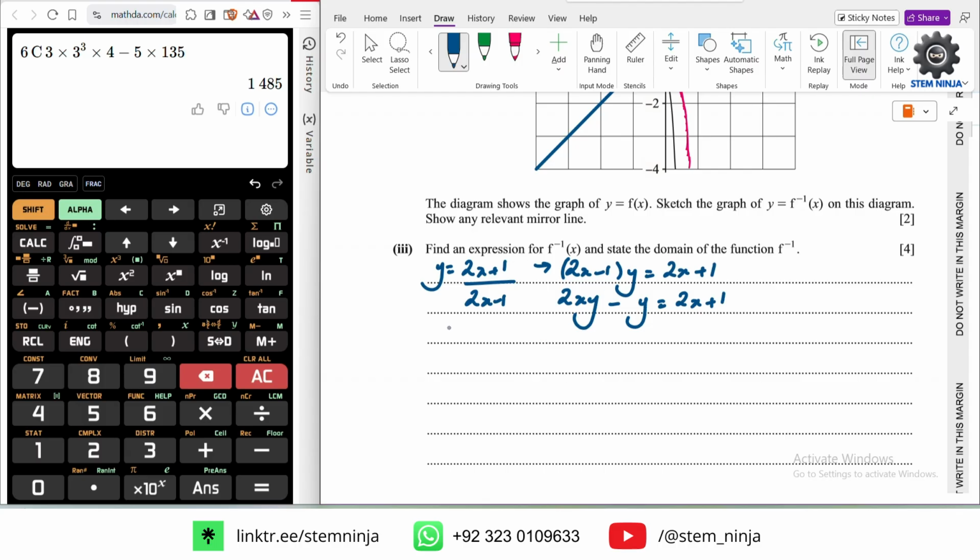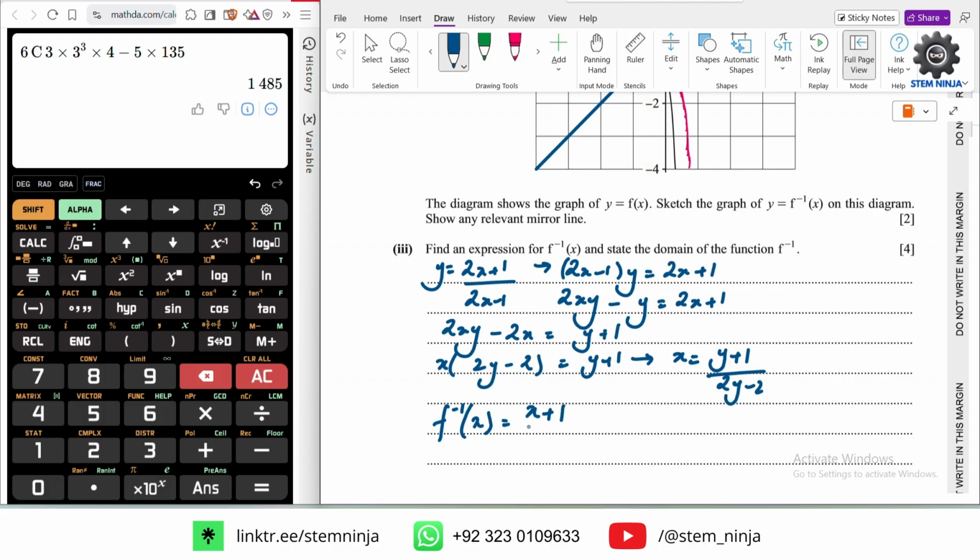We make x the subject, so 2xy minus 2x equals y plus 1, x(2y minus 2) equals y plus 1. Therefore x equals (y plus 1)/(2y minus 2). So this becomes f inverse of x equals (x plus 1)/(2x minus 2). Right?